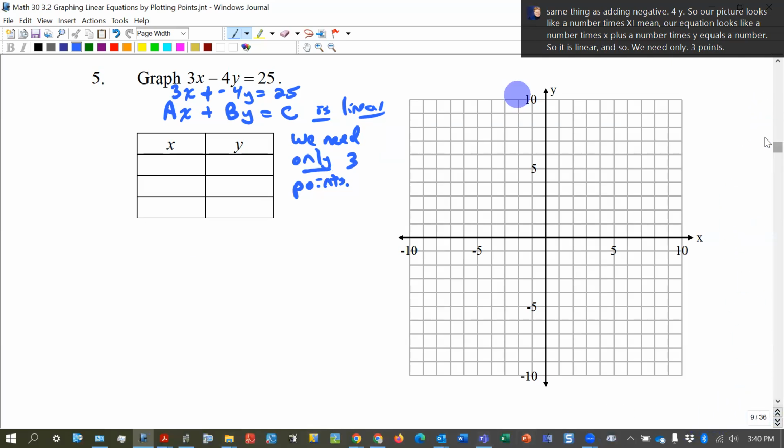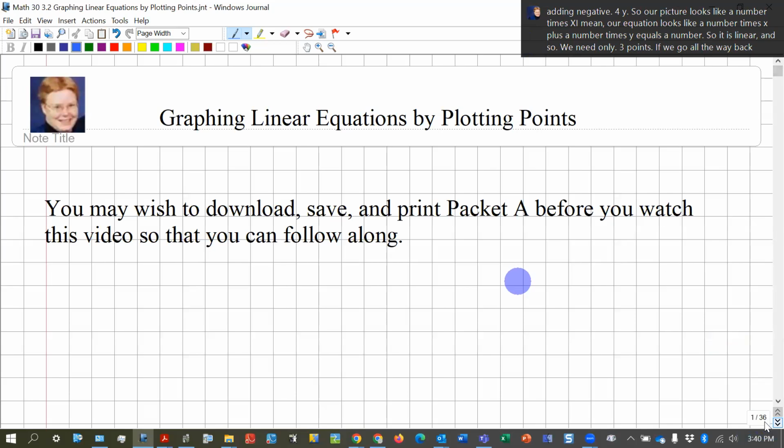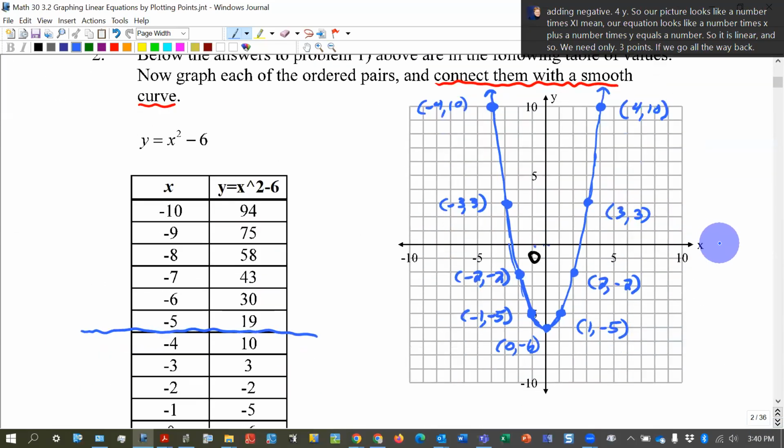If we go all the way back to this example from the previous video, if we graphed only 3 points, we would not understand that this picture is U-shaped. Since this equation is not linear, we have to graph many ordered pairs that make it true.